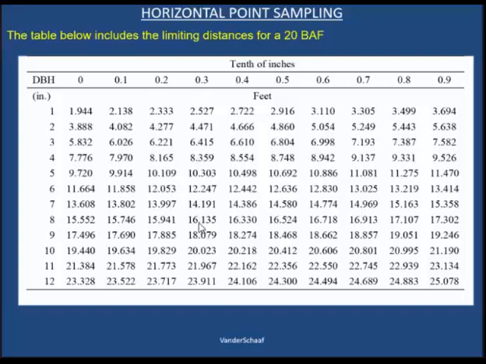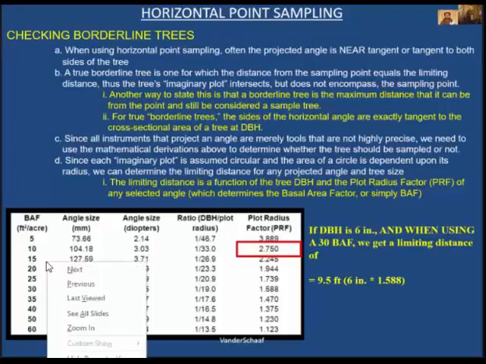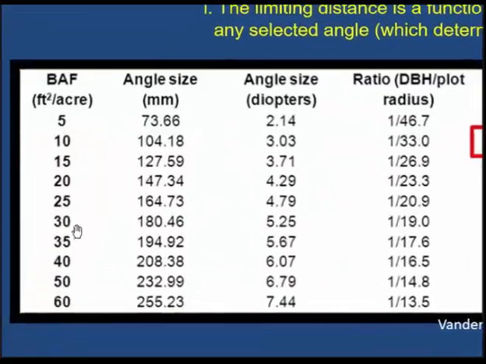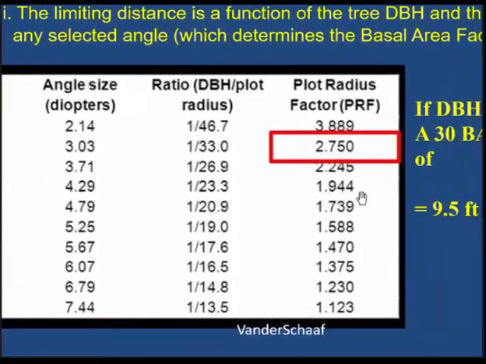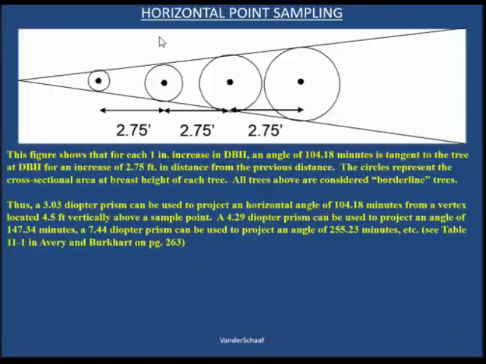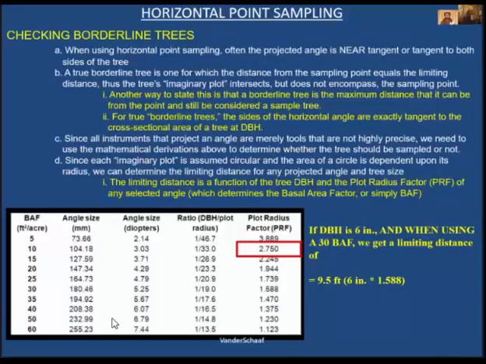What are the limiting distances for a 20 BAF prism? First we need to find the plot radius factor. If we look here, we have a 20 BAF and the plot radius factor is 1.944. So instead of 2.75, that distance is 1.944.